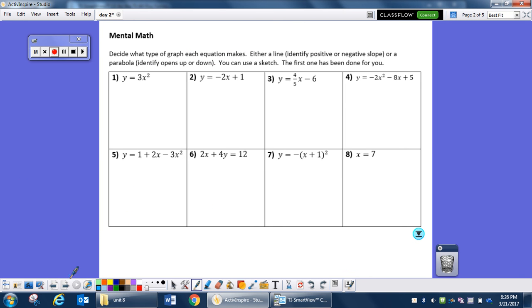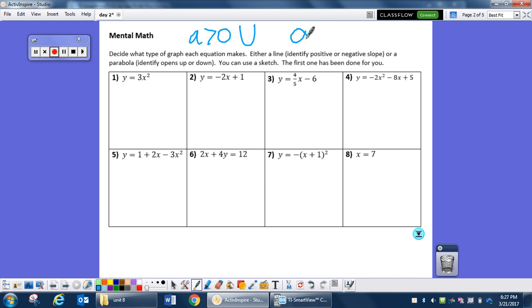The mental math on the back, you're deciding which type of graph each equation makes. So hopefully you can realize that the ones with the x squareds make the parabolas. And if a is greater than 0, the parabola goes upward.